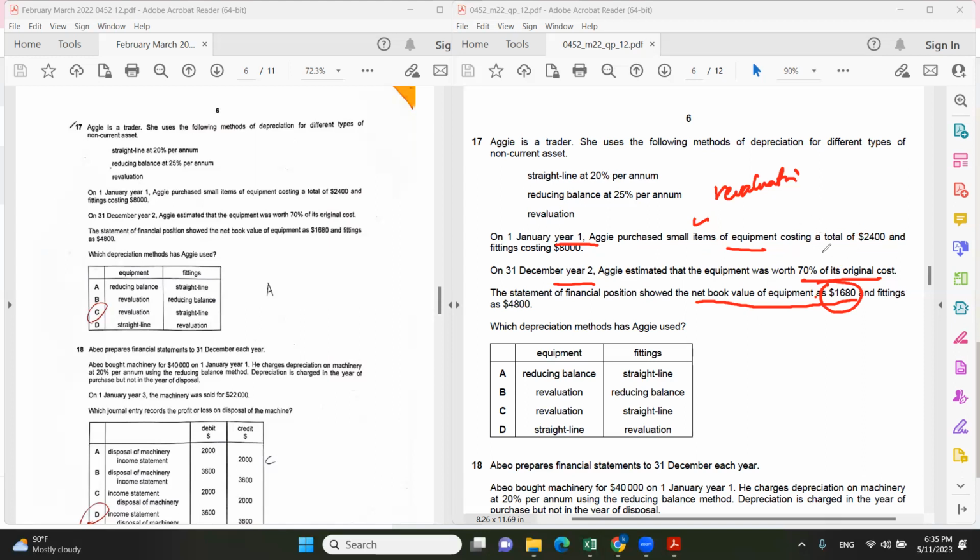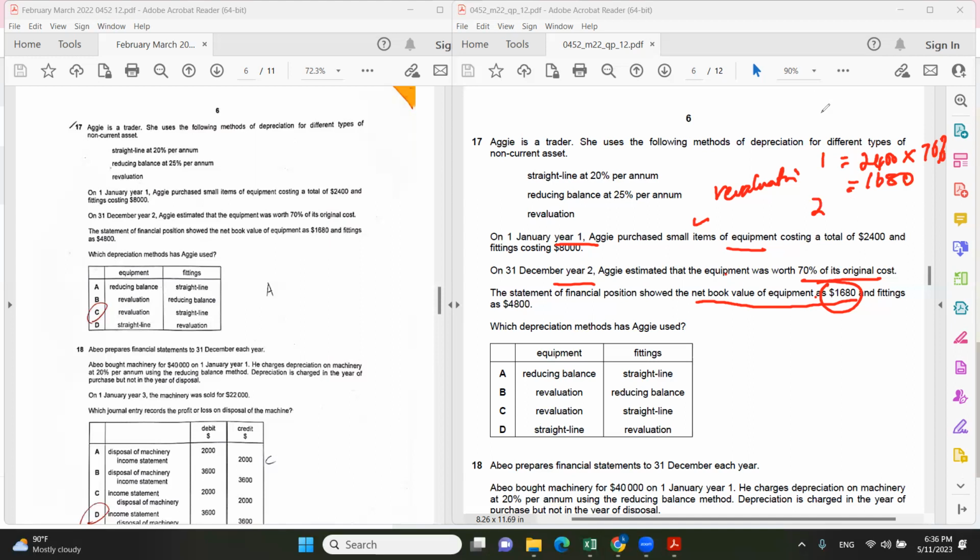I want to calculate the second year. First year cost 2004, but how come they didn't show the year end? Let's see. This is year 1, this is year 2. If I don't have the depreciation, I take 70%, assuming year 1 is also 70%, times 70%, my net book value, I get 1680.